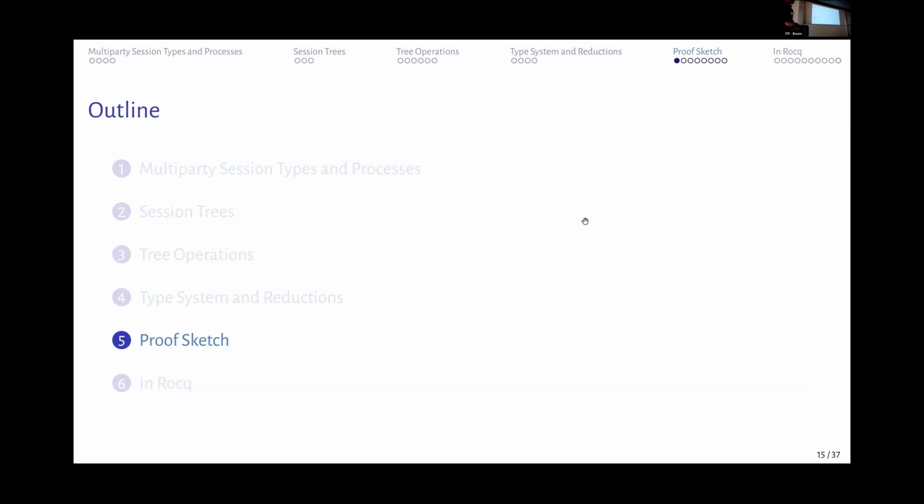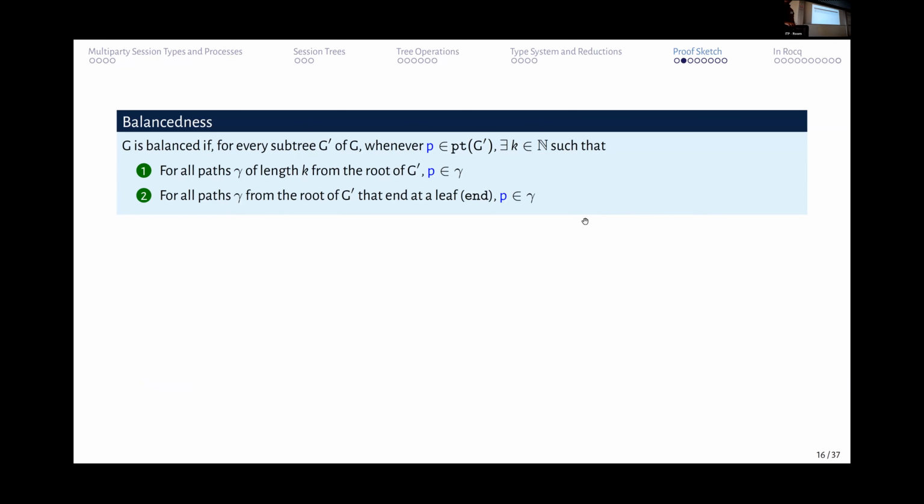So moving forward, I'll explain the proof sketch for subject reduction and progress that we mechanized. To begin with, we start with concepts that we introduce or assume. We start with the notion of balancedness. This is a concept that we favor when we prove subject reduction, as it lets us work with induction on infinite trees.